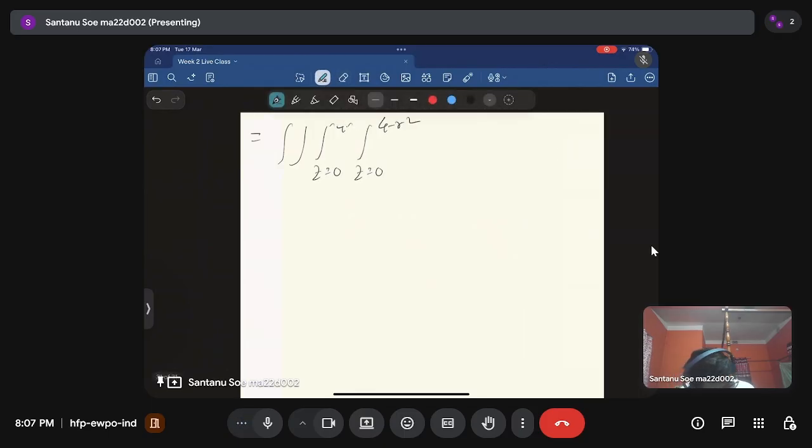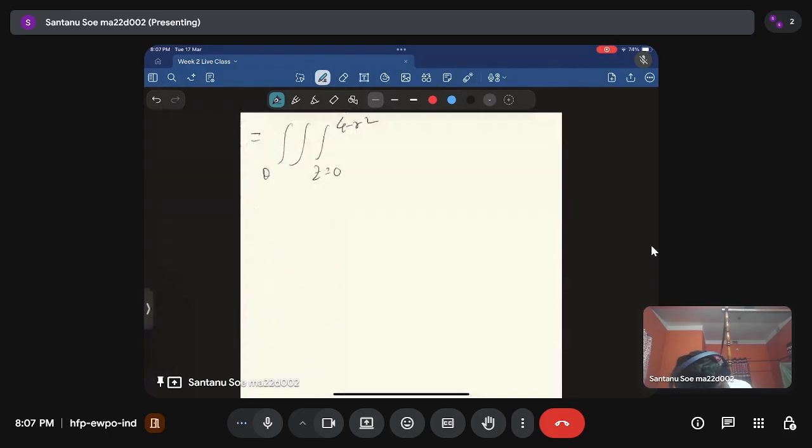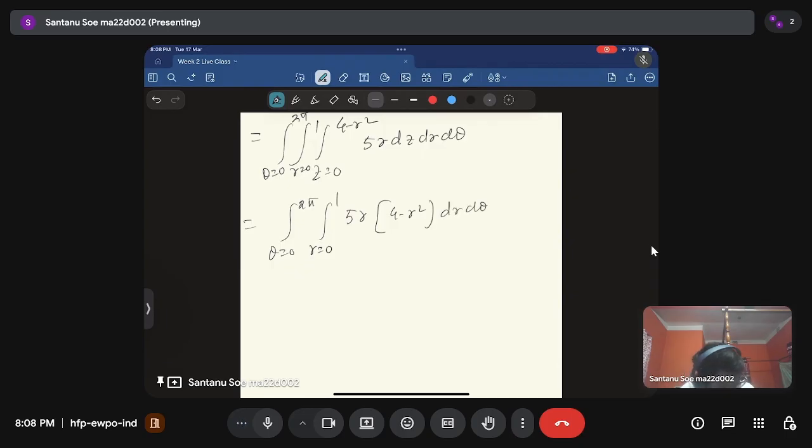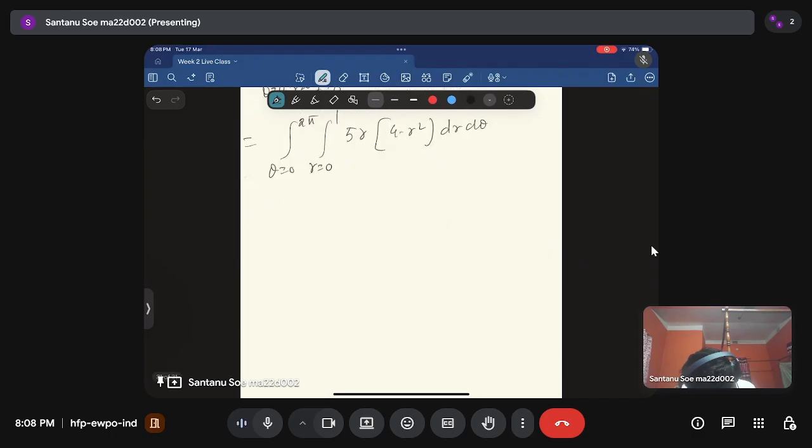Theta will vary from 0 to 2 pi, and r will vary from 0 to 1. And this will be 5r dz dr d theta, with z from 0 to 4 minus r square. So 5r times (4 minus r square) d theta.